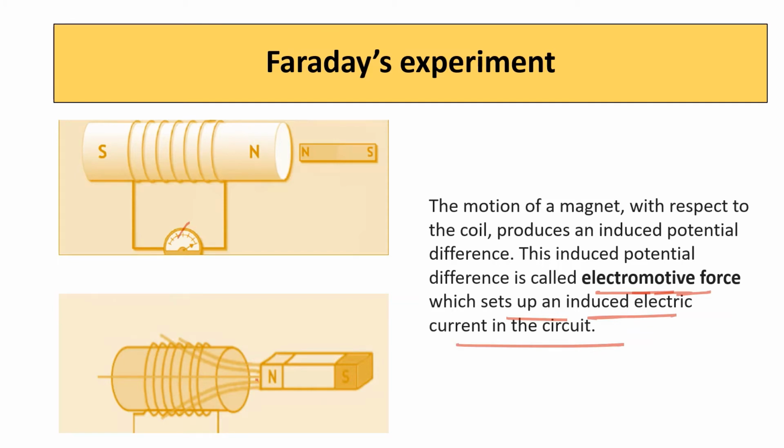Due to this electric current, you will get a deflection in the needle when the magnet is moved towards the coil. A moving magnetic field can give rise to EMF.